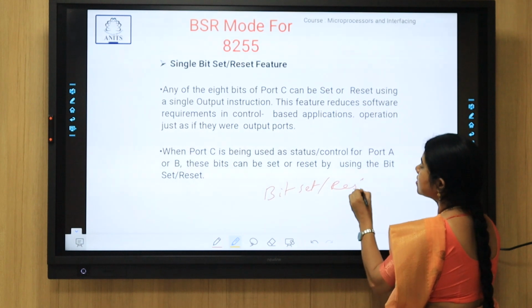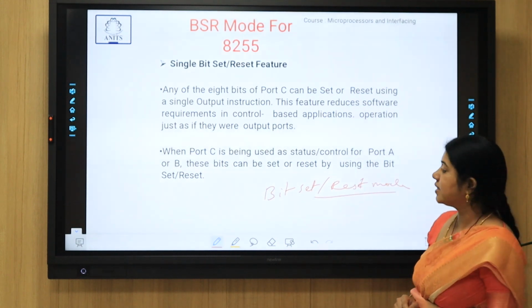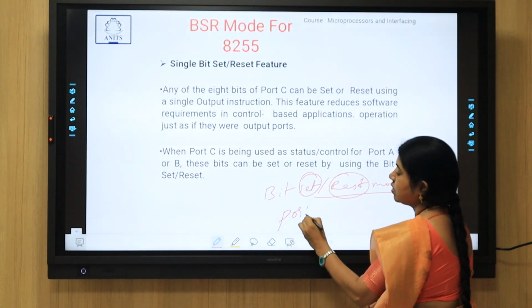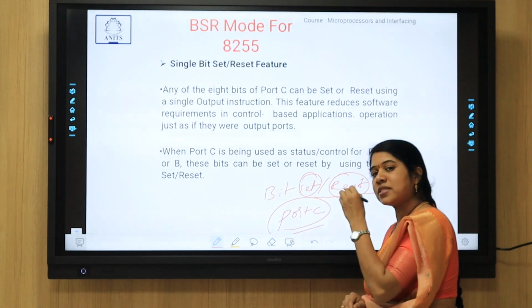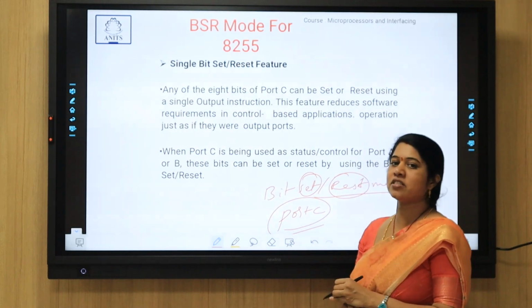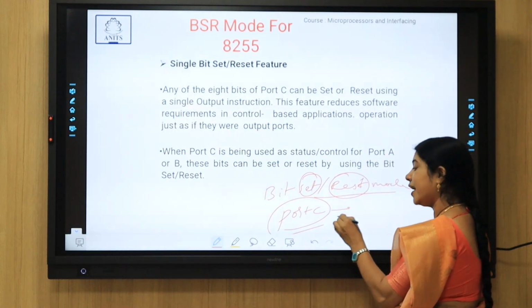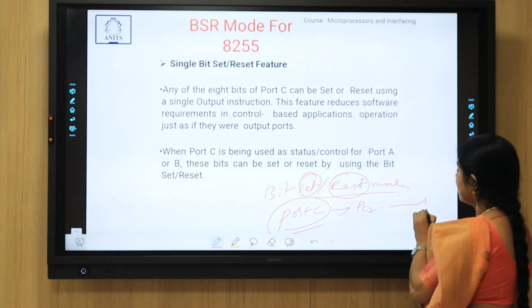Through this mode, we can set or reset the individual bits of port C. This mode is only applicable for port C. As we have seen already, port C has 8 bits, that is PC0 to PC7.